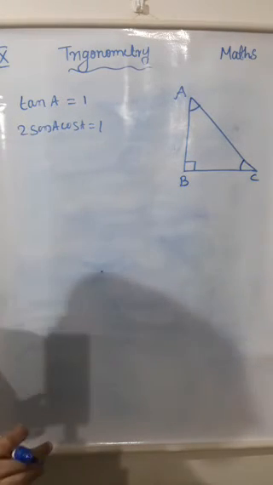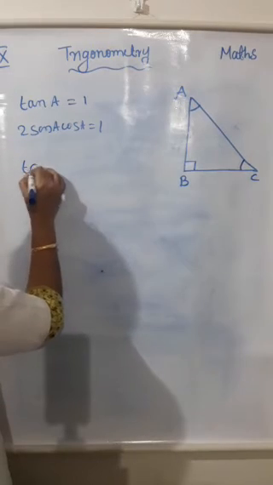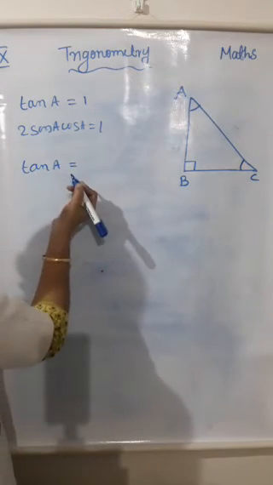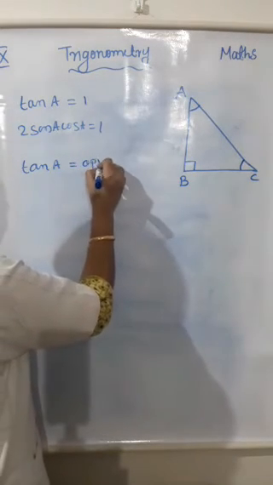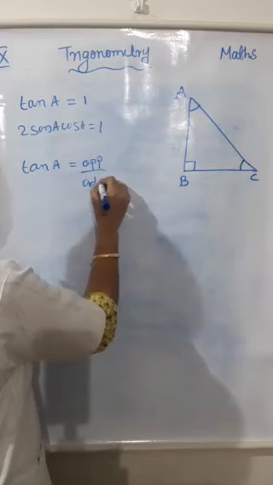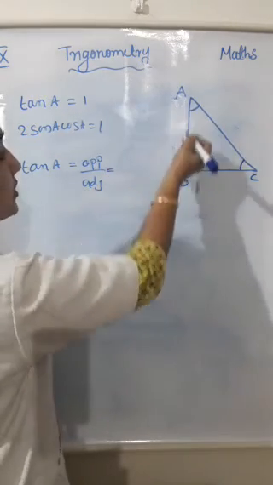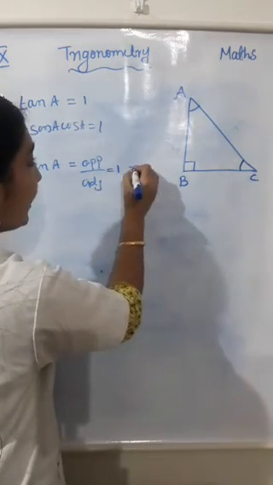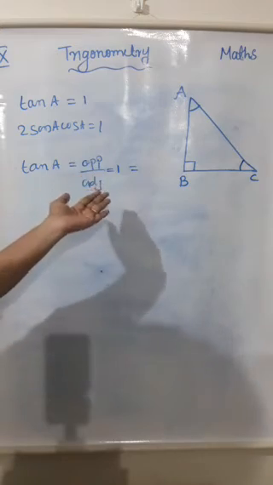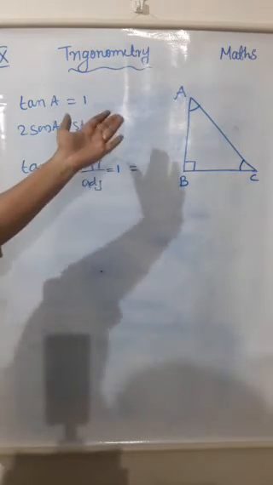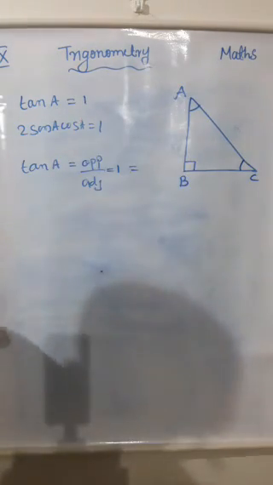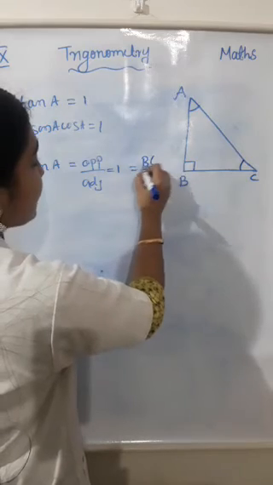Given that tan A is equal to 1, you know that tan A is equal to opposite side by adjacent side. Here the opposite side to angle A is BC and the adjacent side is AB.